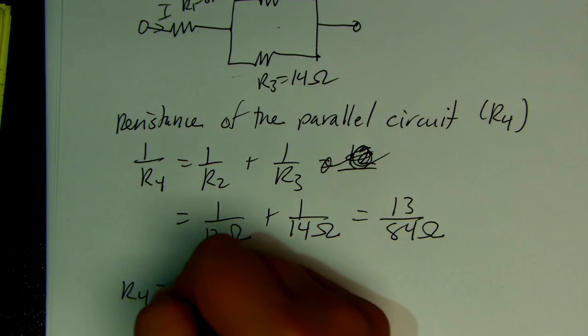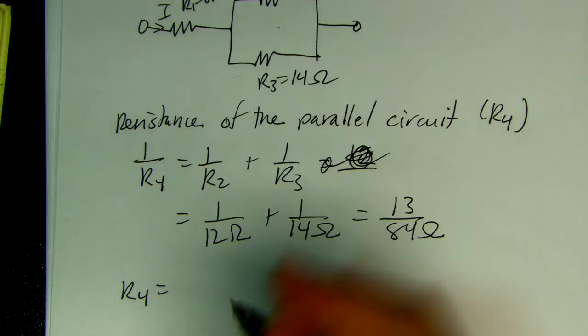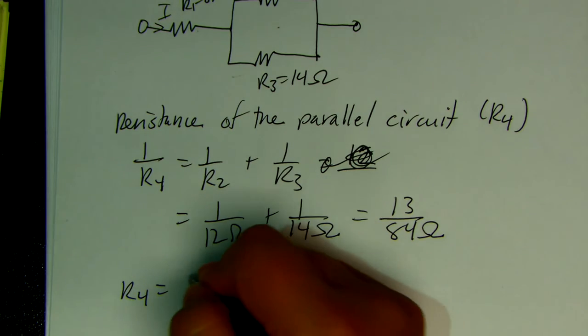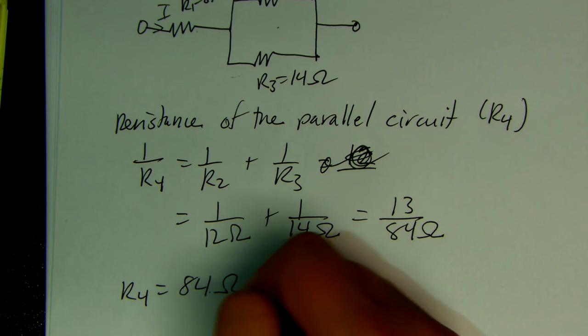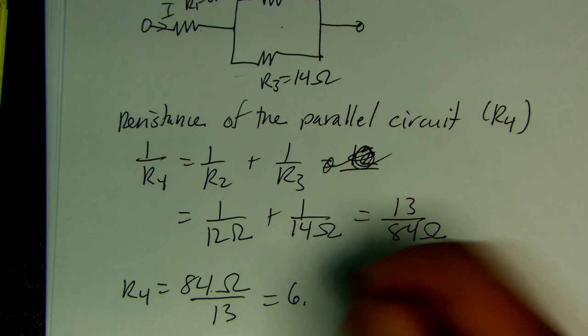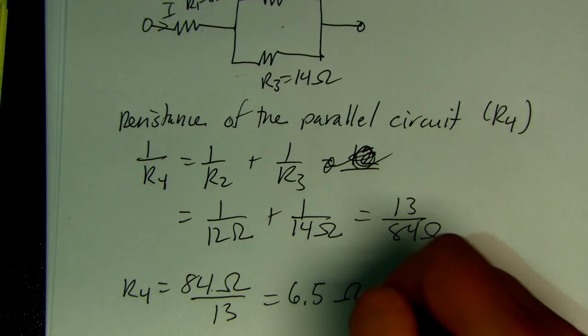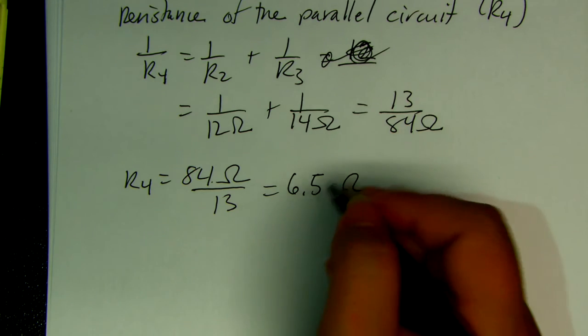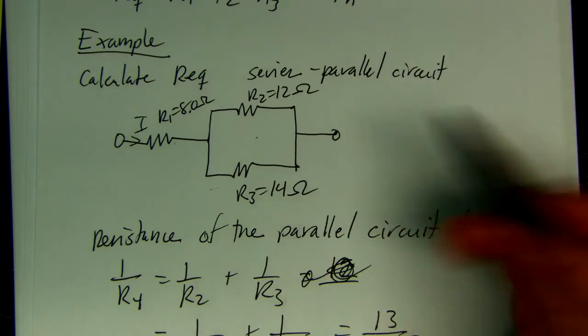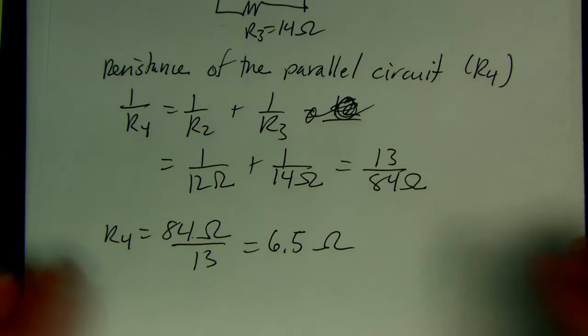And R4, we would then need to take the inverse to get that, is equal to 84 ohms over 13, which is equal to 6.5 ohms.